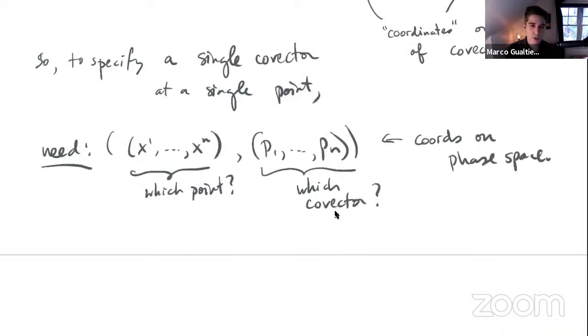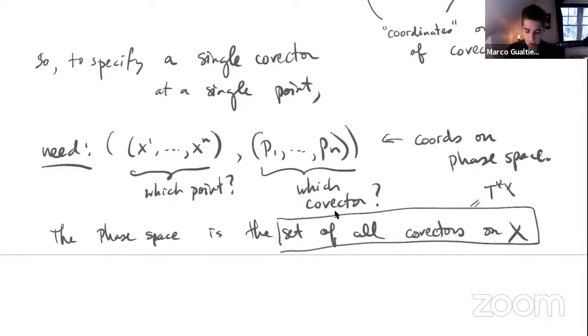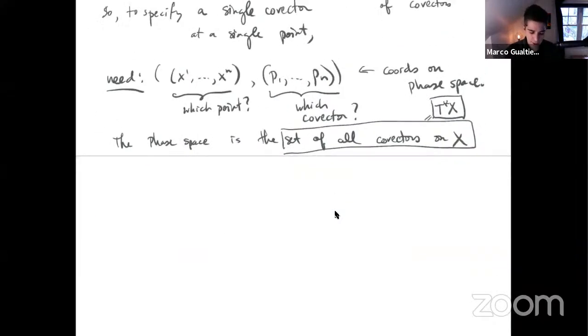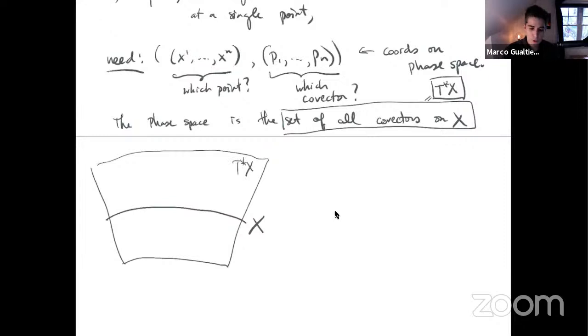Okay, so to summarize what I've said on this page, I would say that the phase space is the set of all covectors on X. And that set of all covectors on X has a name, it's called T star X. So you could think of it like this: if this is X, then we have T star X, in which, in order to have a point, you need to know which point of X you're on.